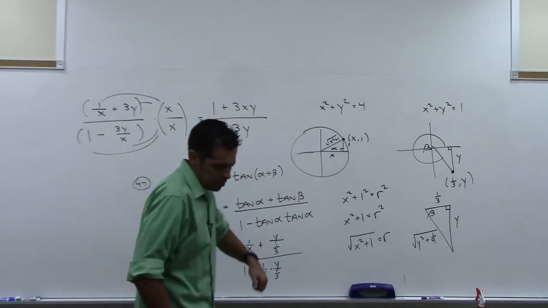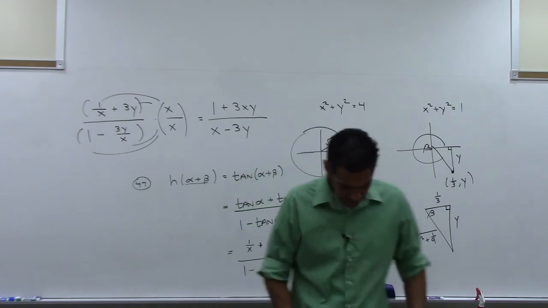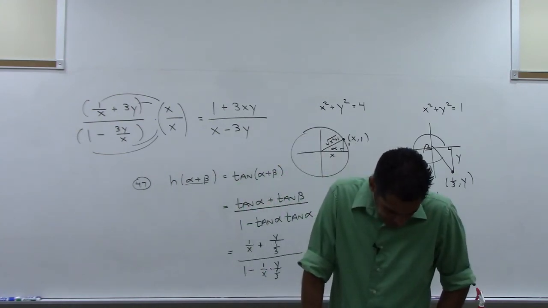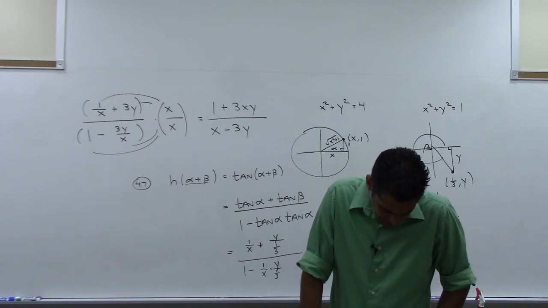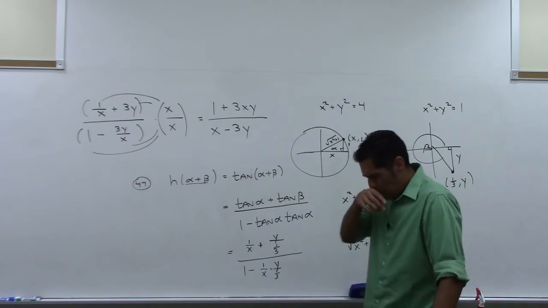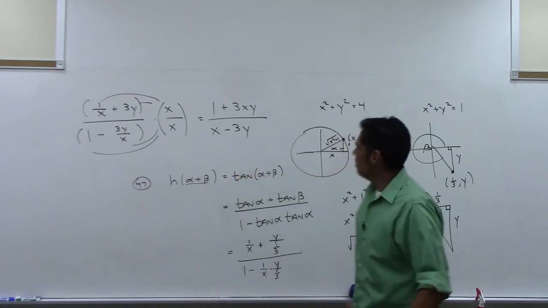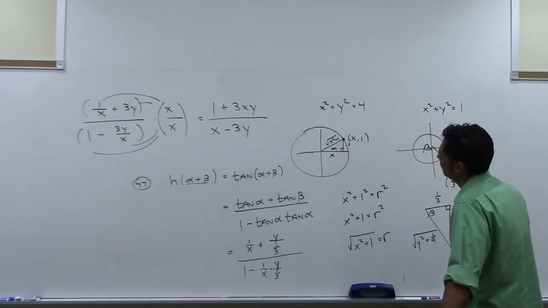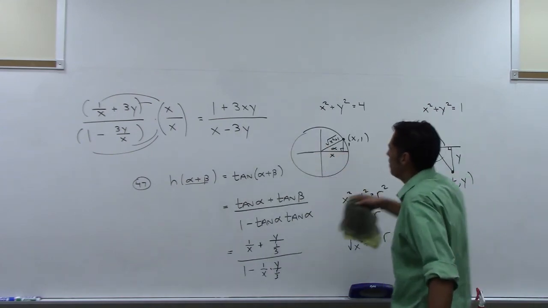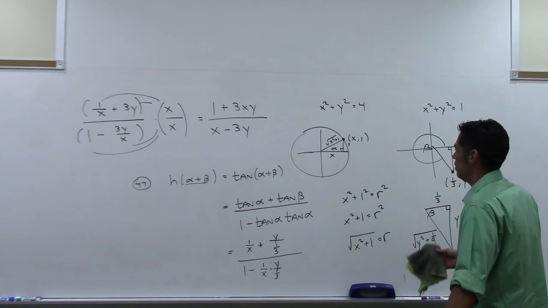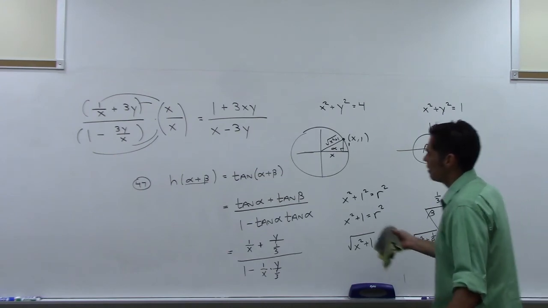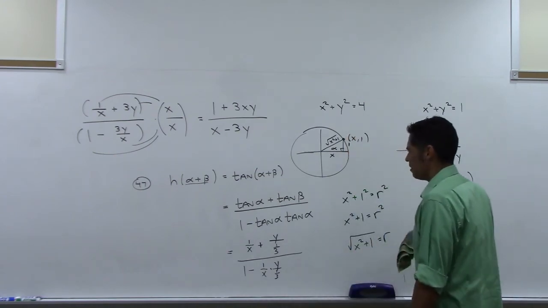You know what? It's 2:15. I think I know how they wanted you to do this. This can be done. I can keep going with this, but I don't think this is what they wanted you to do here. I didn't do one like this in class because it's bad.